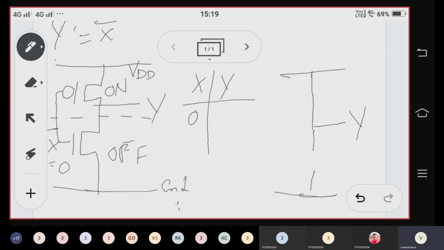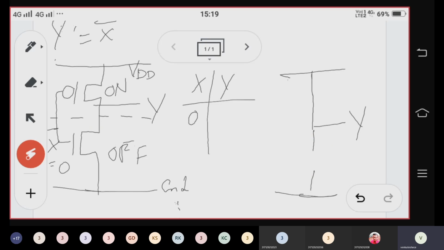Whenever I am giving X equal to 0, the PMOS transistor is in on condition, meaning it is acting like an on switch. Whenever I am giving X equal to 0 to the NMOS transistor, the NMOS transistor is in off condition, meaning it is acting like an open circuit. Now it is a VDD line and it is a ground line.